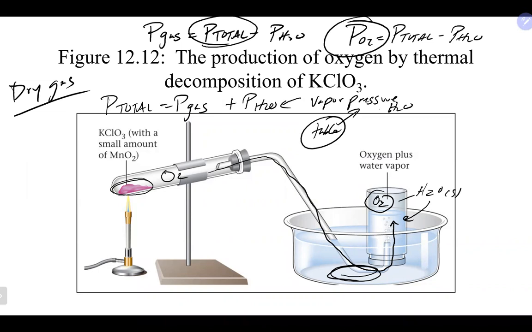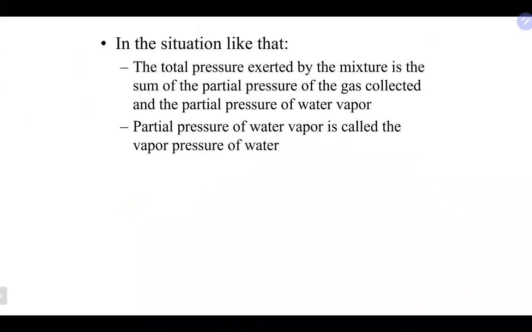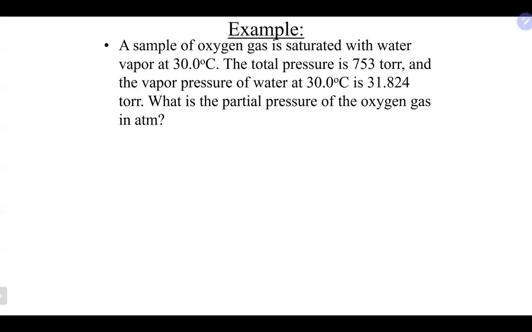So when you do your calculations for these type of problems, when you do these type of experiments, you really want the pressure just associated with the gas you're collecting. And that should be the pressure that you use when you do any of those type of calculations. You should always use the pressure of the dry gas where you subtracted off the water vapor's pressure.